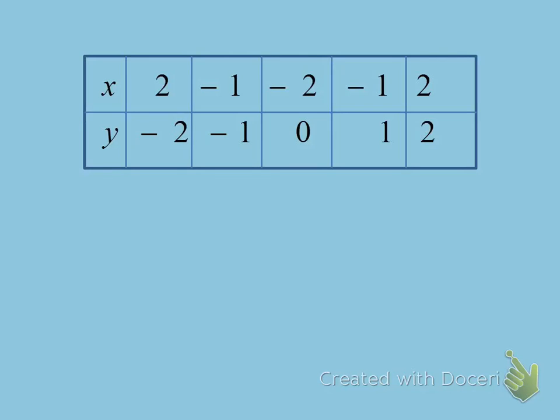Okay? Your x values go to -1, -2, -1, which is already here, and +2, which is over here. Okay? So if you draw that, and you don't have to, I'm just going to show you real quick.